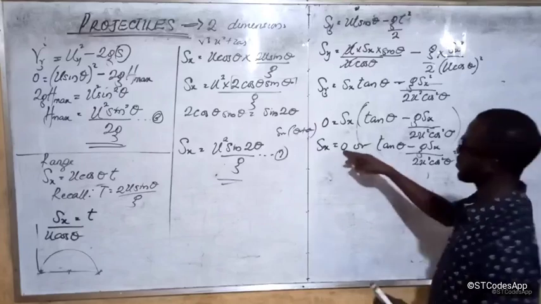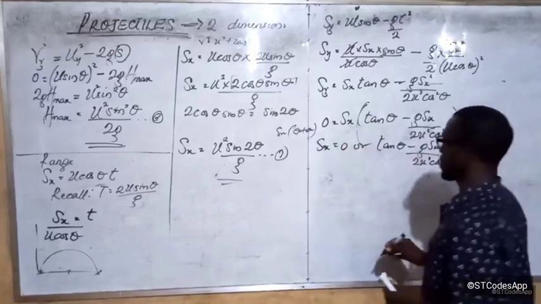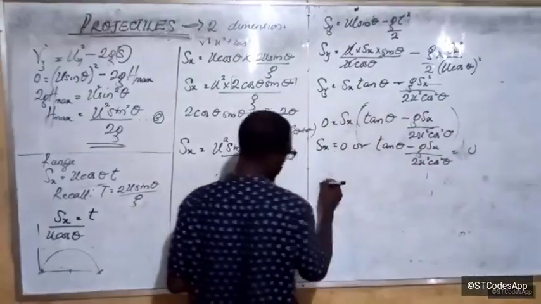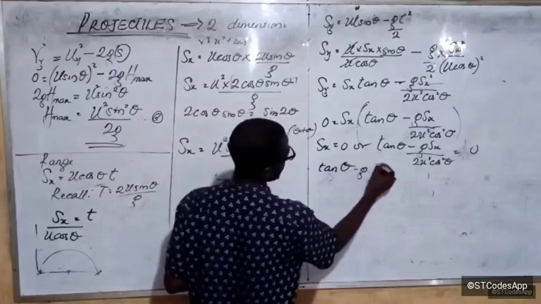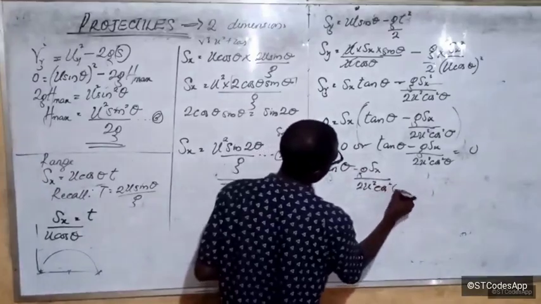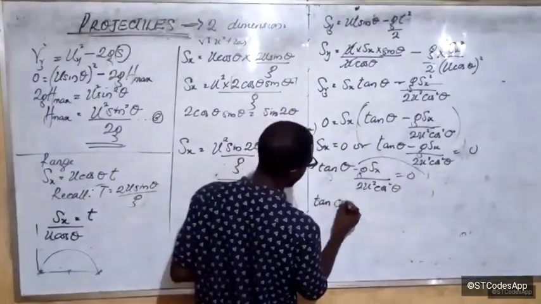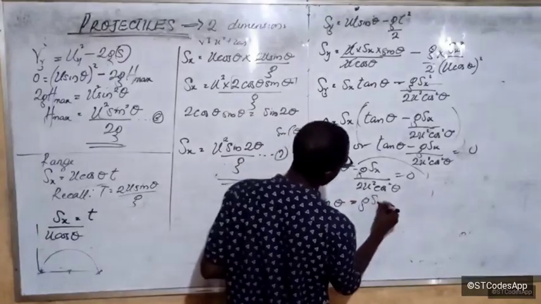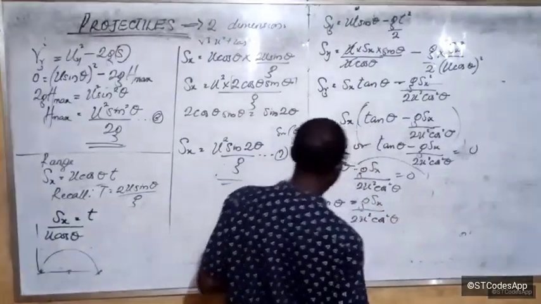So if S of x is 0, it is going to disappear out of this. So we have tan theta minus g S of x over 2u squared cos squared theta equal to 0. So this one will go there, so that we have tan theta equal to g S of x over 2u squared cos squared theta.